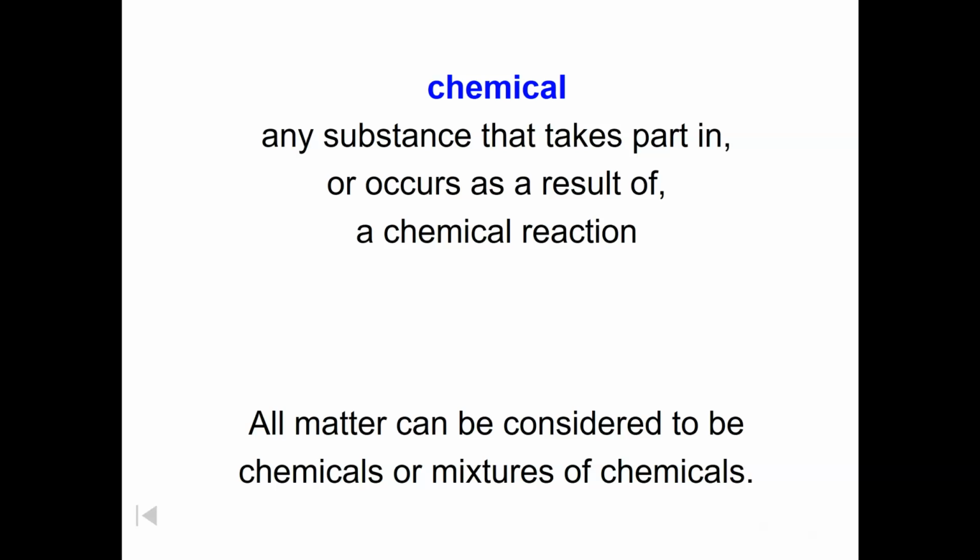So a chemical is any of those things: compound, pure substance, a mixture, homogeneous, heterogeneous. Any of those things, in the most broad sense, are called chemicals. Okay? Anything that can be combined in some manner of ways. So all matter can be considered a chemical or some mixture of chemicals.